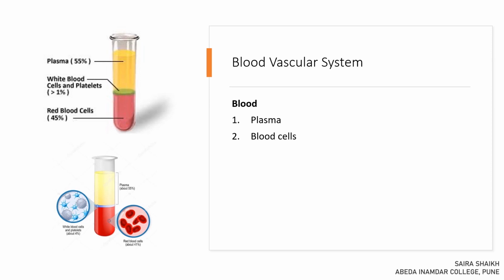It has two components: plasma and blood cells. Plasma is about 55% and the blood cells are 44%. These can be separated by centrifugation.